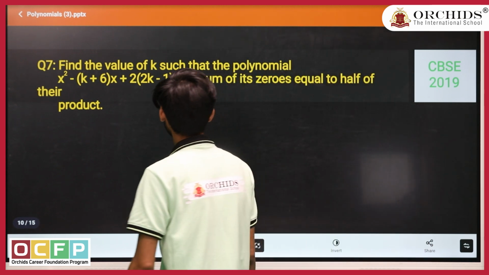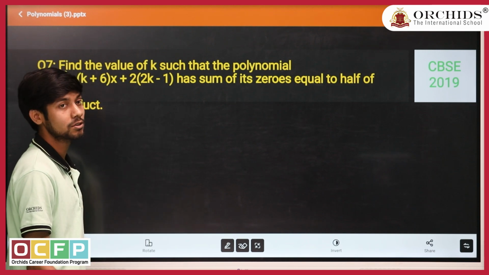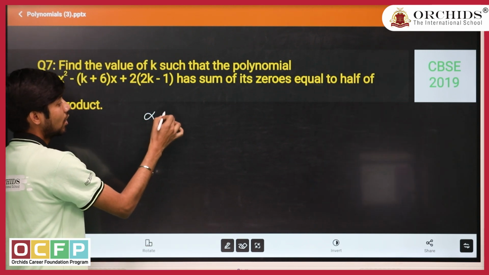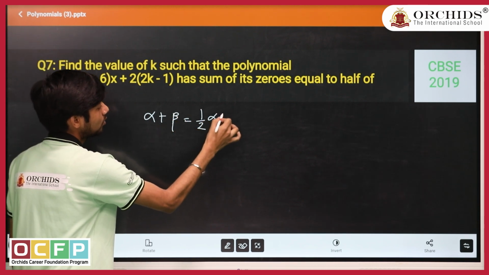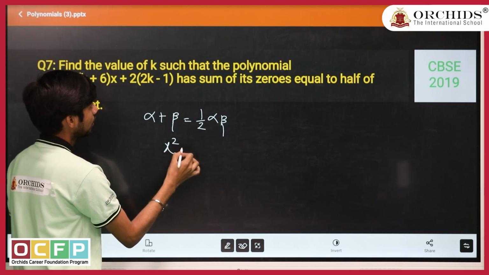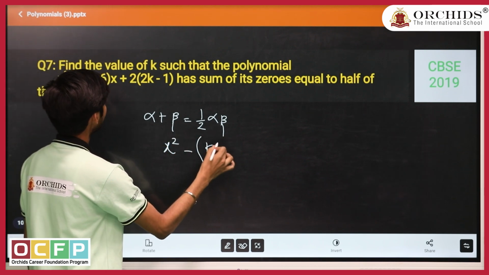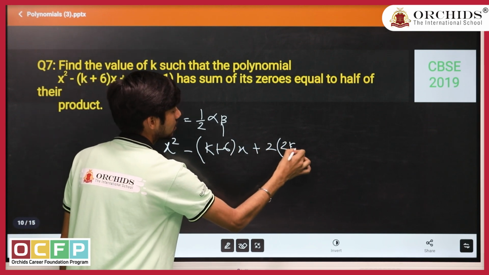So if we assume that the zeros of this given polynomial are alpha and beta, what can we write with the condition? Alpha plus beta is equal to half of alpha into beta, and the polynomial is x² − (k + 6)x + 2(2k − 1).